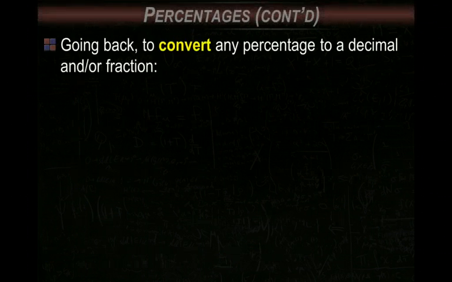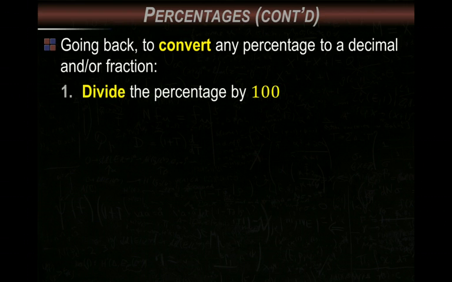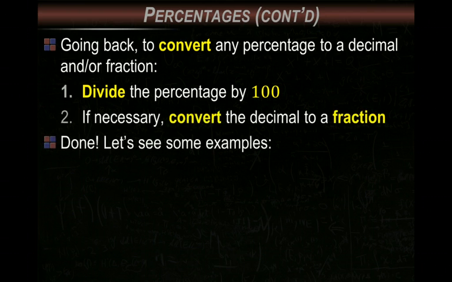They work. Okay. Now, if you have to go back from a percentage to a fraction or back to a decimal, just divide it by 100. Don't multiply it by 100. Divide it by 100. And then, if necessary, convert it to a fraction.